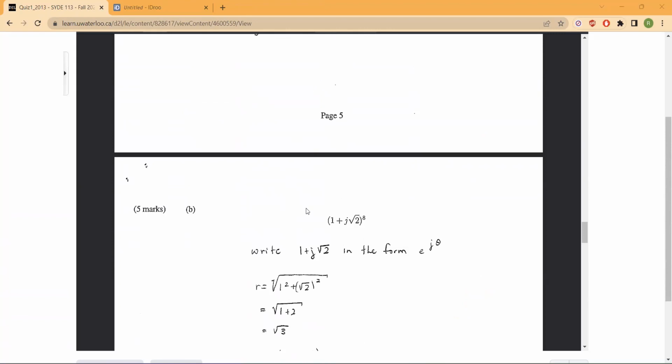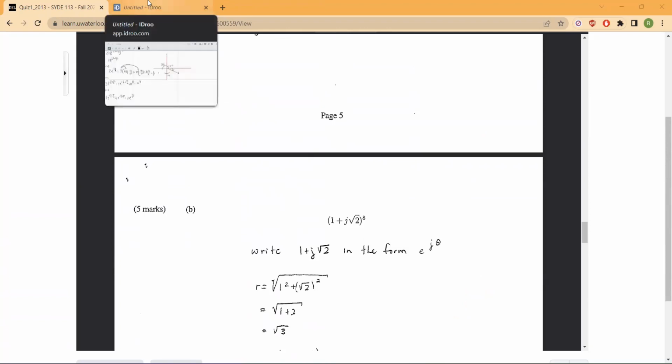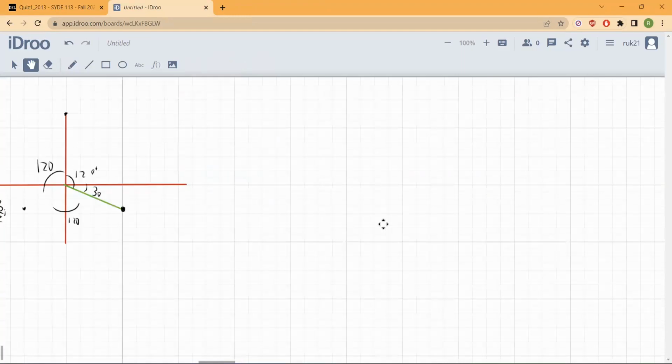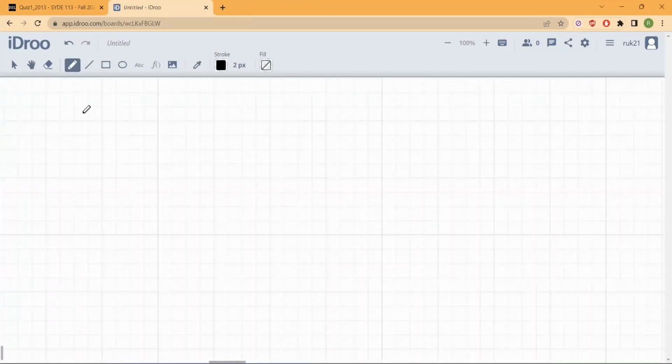I'm going to go back to my other app, so it's 1 plus j root 2 over to the power of 8. So 1 plus j root 2 to the power of 8. What we want to do is first take this into its exponential form, and the way we do that is we need the modulus and the angle.